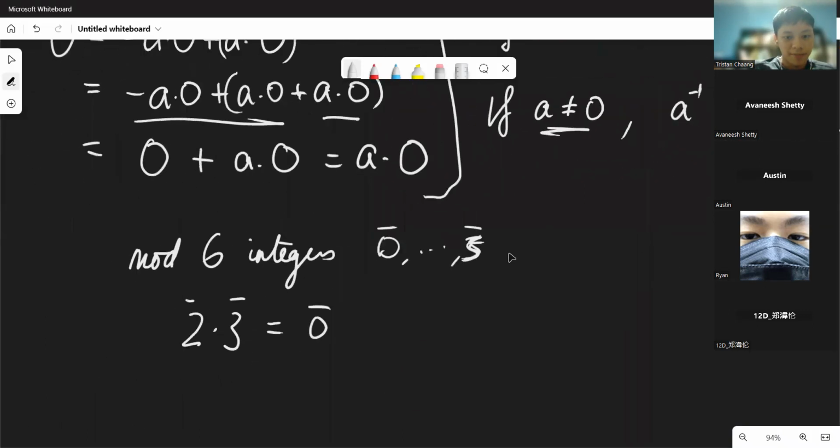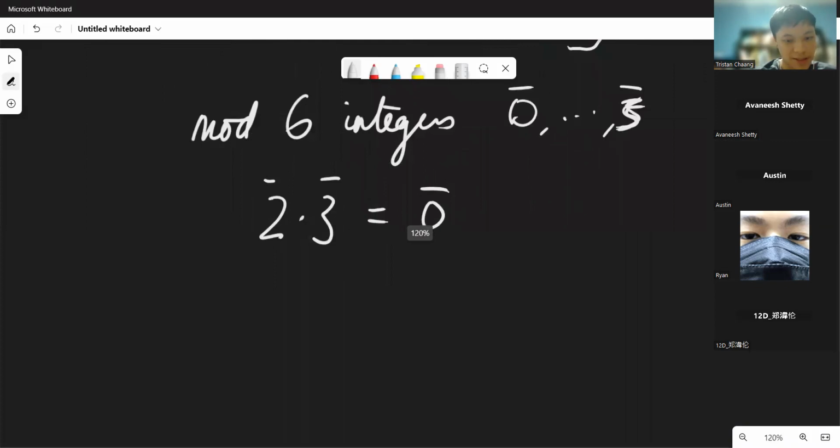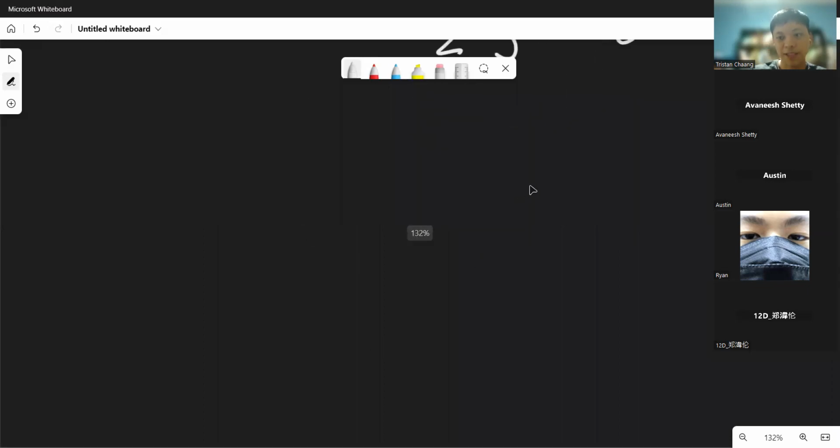So that's about zero factors. Now let's talk about polynomials and construct the set of polynomials.